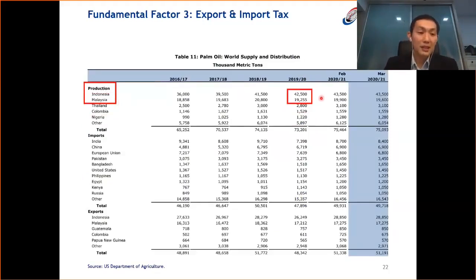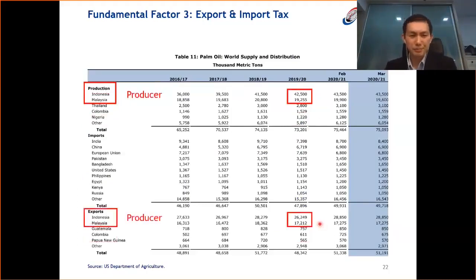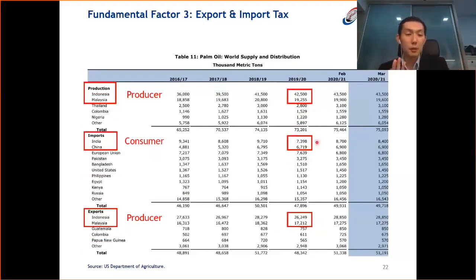And because we are the largest producers, on the export section we are the biggest exporters, same as Indonesia. And our consumers, those who buy CPO from us, are India and China. These two main consumers are very, very important towards whether your CPO price is going up or going down.